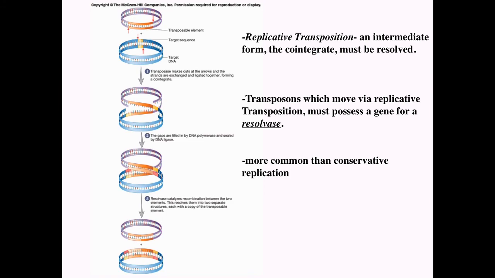Much like the F plasmid has the ability to remove itself at some frequency from the bacterial chromosome, making it an episome. But in this particular case, resolvase is taking that co-integrate, which is only an intermediate form. It's short-lived. And what's left behind in the chromosome is nothing more than the copy of that transposon.